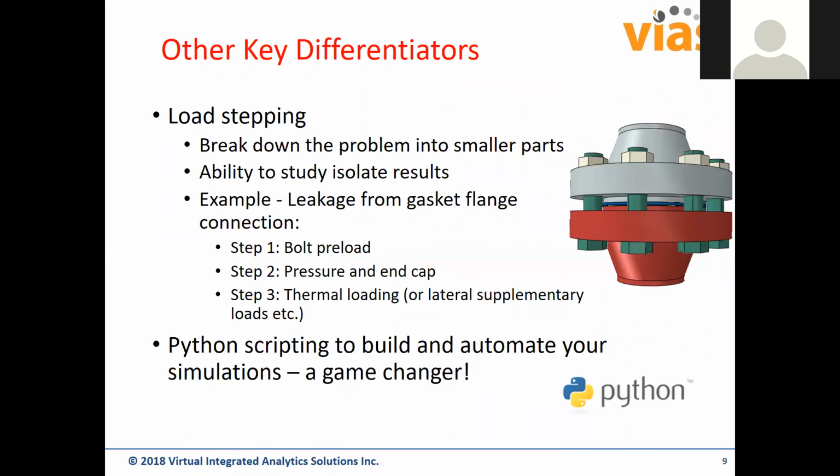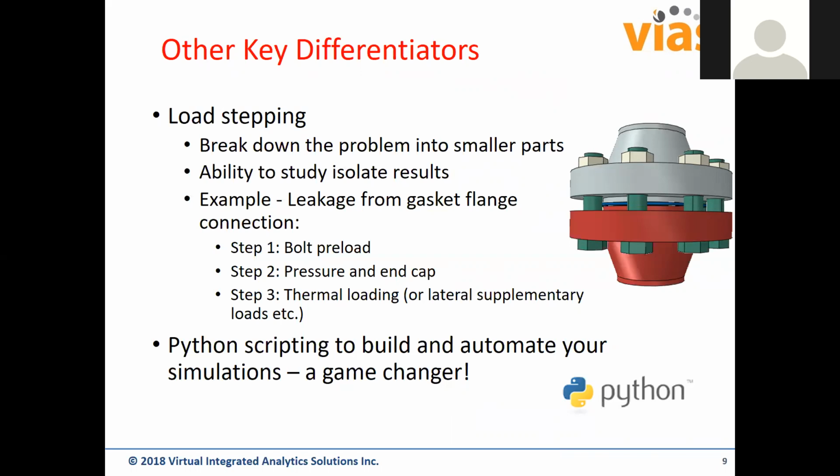For one of our customers who wasn't very familiar with the Abaqus software, we developed a solution where we created a script that did about 400 iterations of a problem, and it provided them the solutions in Excel. All of that was done with minimal user intervention for the end user. We believe it's a game changer.